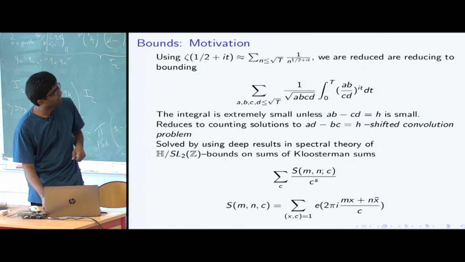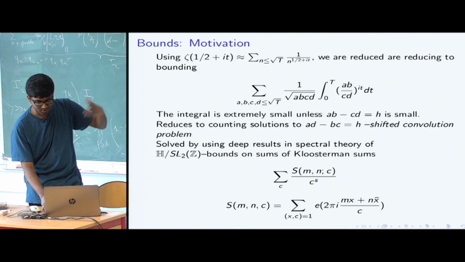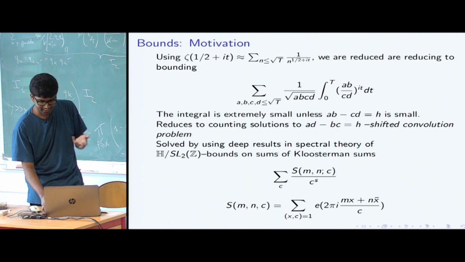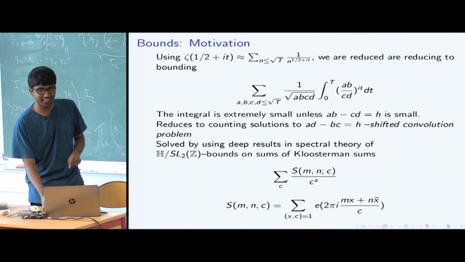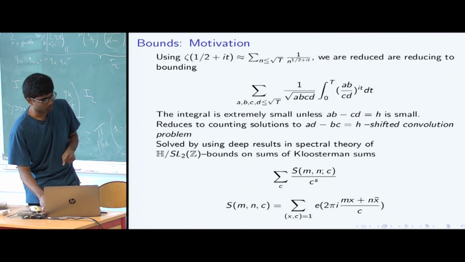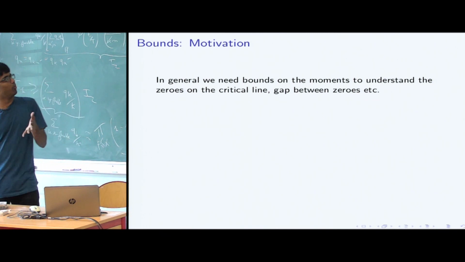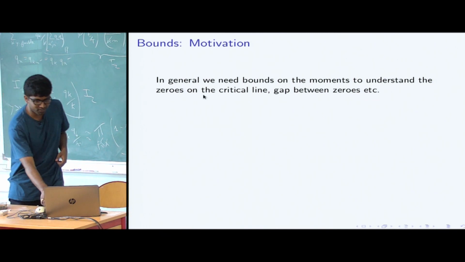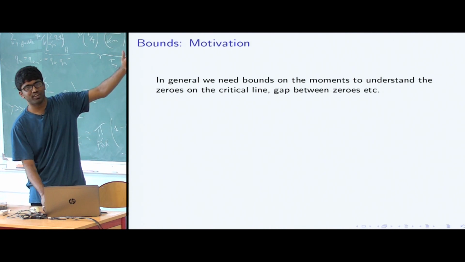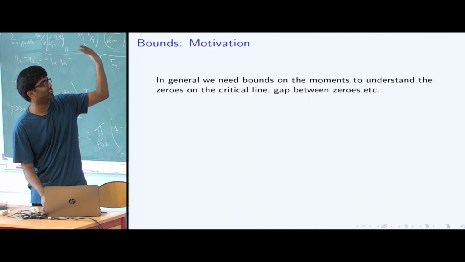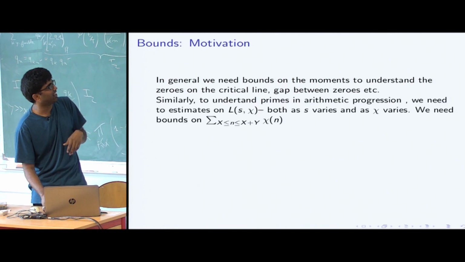The theory of Kloosterman sums is one of the most interesting aspects of spectral theory, and if you are interested, you should really look into it. In general, understanding moments and bounds on the zeta function helps in understanding a lot of aspects of these L-functions, like zeros on the critical line, the gaps between zeros, and a lot of other analytic aspects.